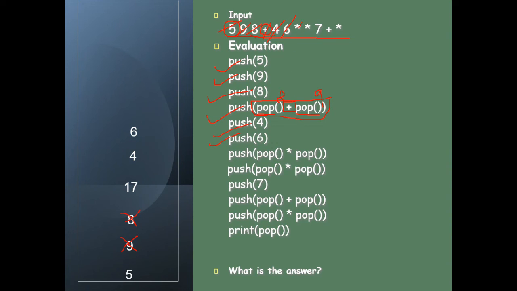Then comes the star operator, that is multiplication. It means you are going to perform multiplication between the two operands which are presently stored on the top of the stack and below the top of the stack.